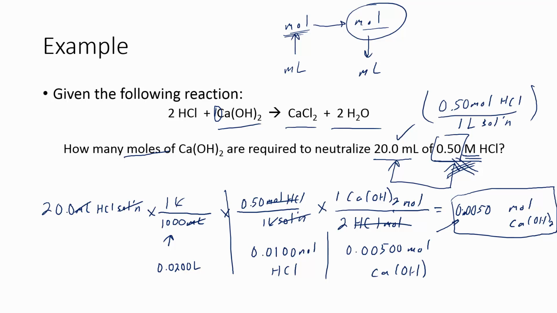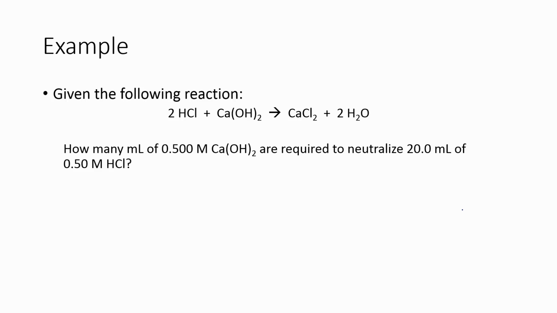The only additional possibility we could have is milliliters all the way back to milliliters. Right? So milliliters to moles, moles of what we really wanted, back to milliliters. Let's try it. So how many milliliters of calcium hydroxide solution, and we have a concentration of it.